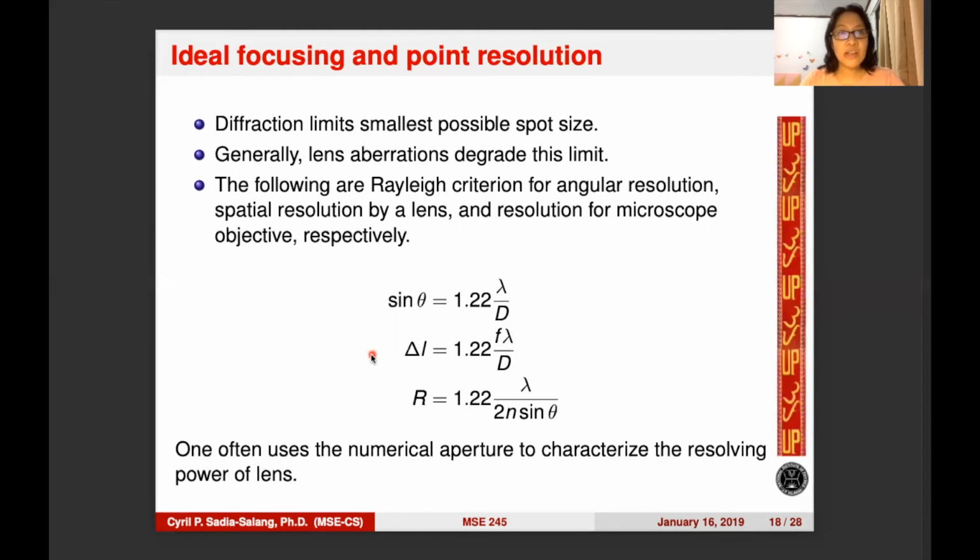For diffraction at a circular aperture of diameter d, the angular position of the resultant wave is given by sine theta equals 1.22 lambda over d, where lambda is the wavelength of light and d is the diameter of the aperture. This is the equation for the Rayleigh criterion for angular resolution. The second equation describes the spatial resolution by a lens, while the third equation describes the resolution for microscope objectives.